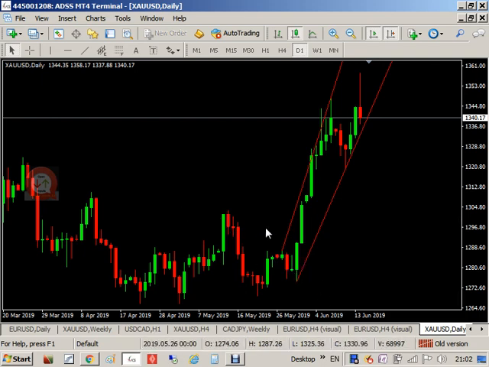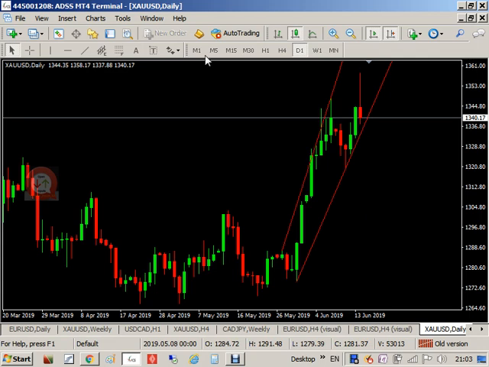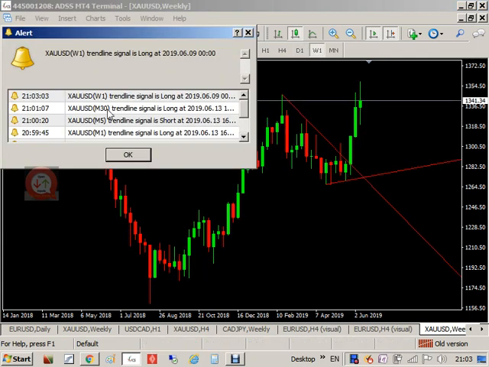So it gave me, I believe here, this signal to buy. Okay, before that was last week. Then if I go weekly, you see it is already on a buy signal weekly.